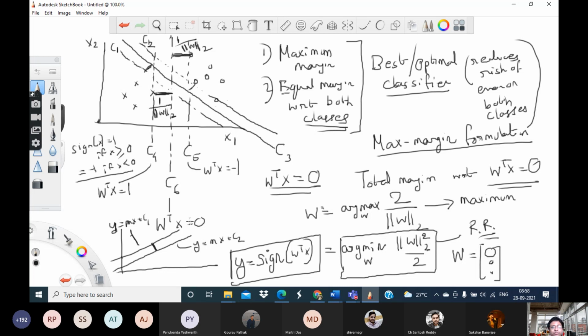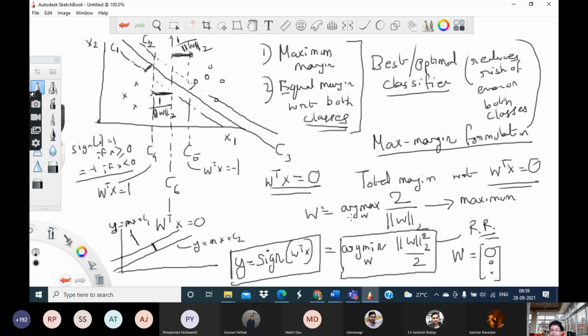So according to this, since for all points it is going to be 0, y will always be equal to 1. That means all the points are going to be classified in class 1, which obviously is not the case. So it is not enough for me to only minimize this thing or to maximize the margin. I also have to ensure that all the points are correctly classified.